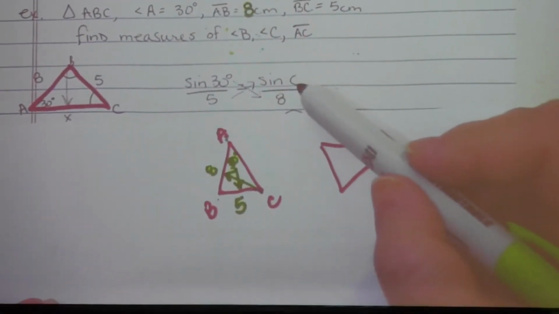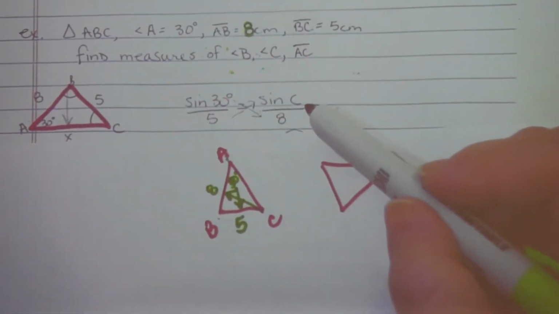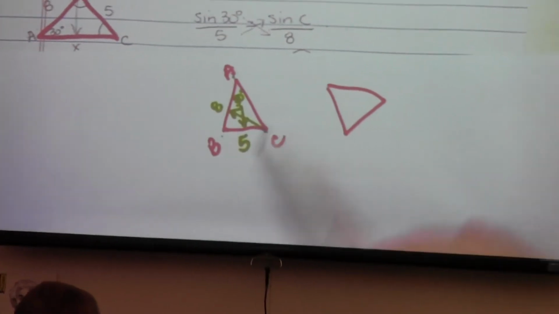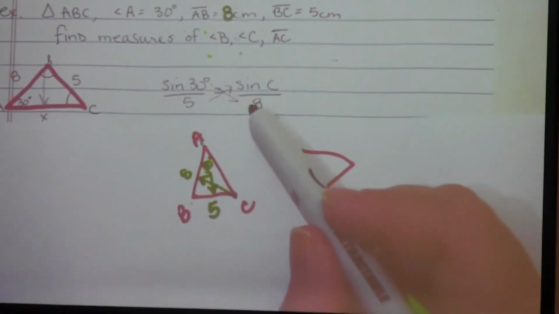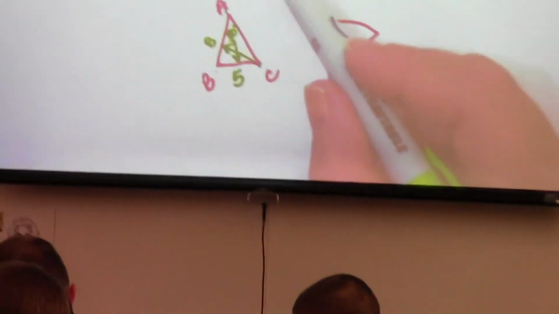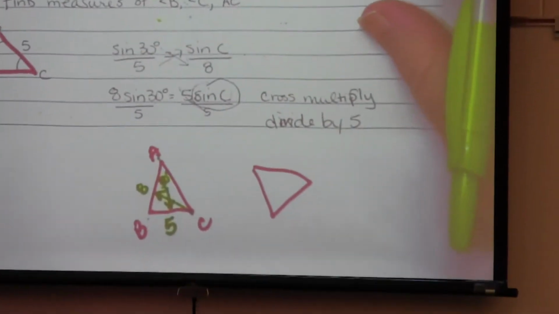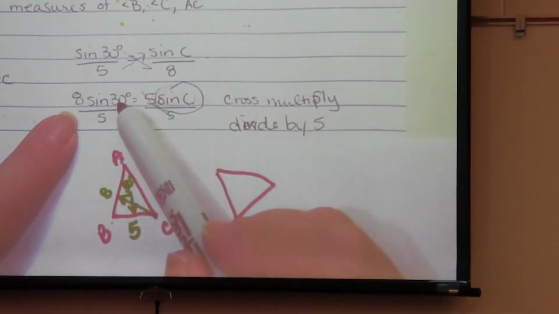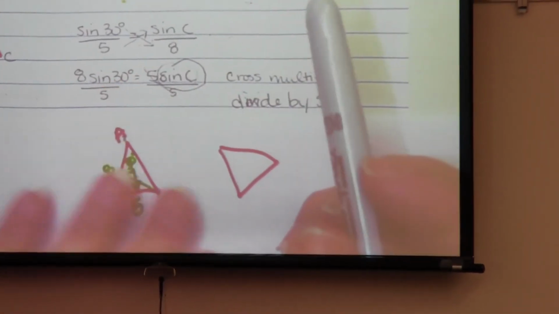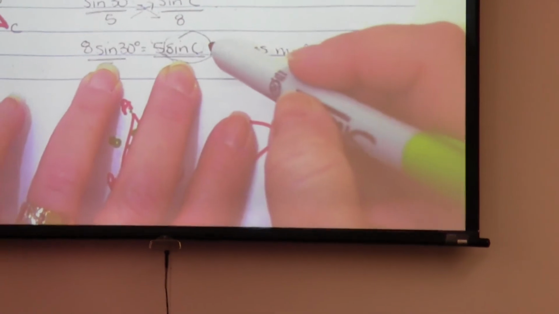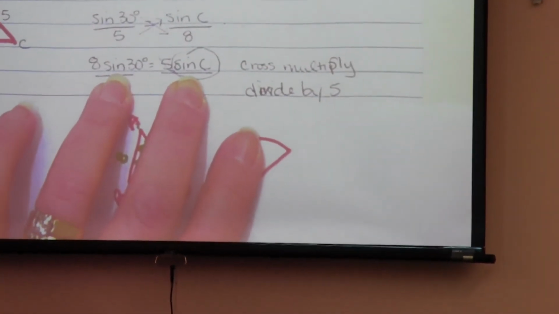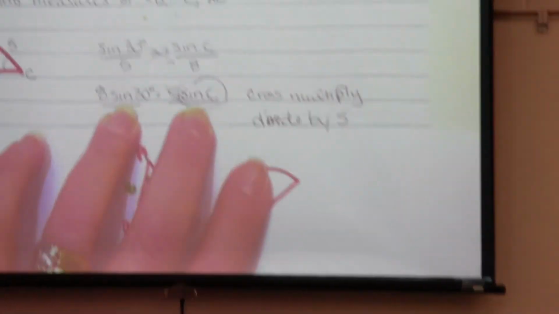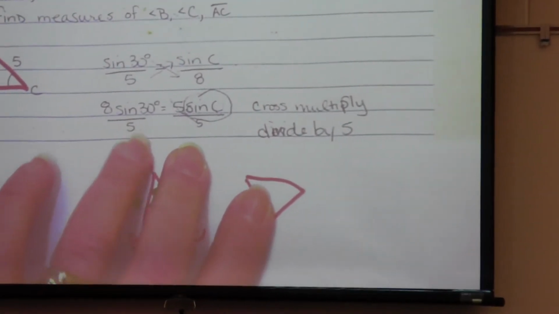So I'm going to say, okay, well then it's the sine of C, big C, that I don't know yet, over 8. I'm going to solve exactly like I did a minute ago by cross multiplying. So I'm going to take sine of 30 times 8, equals 5 times the sine of C. And I would just get 8 sine 30 equals 5 times the sine of C. And I want to get rid of this 5, so just like I divided before by the whole sine thing, I'm just going to divide by the 5 on both sides.